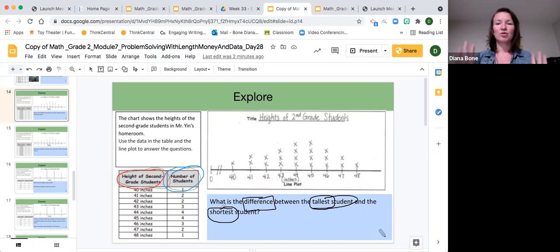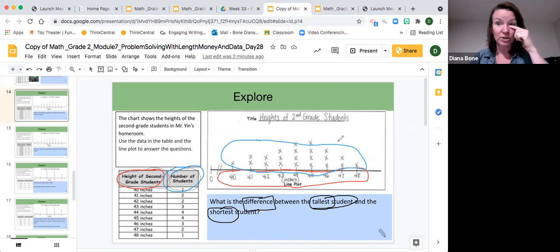Let me think what this question is even asking me to look at. Is this question asking me to look at their heights, or is it asking me to look at the students? Boys and girls, I just did something you can do at your desk too, because here's what's tricky about line plots: they only label one part of the data.